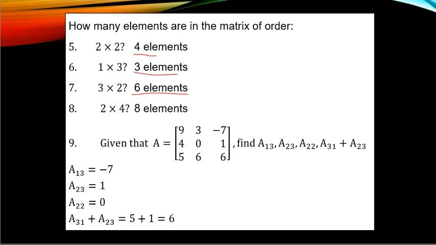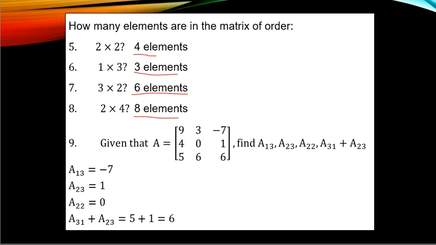Then for a 2 by 4 matrix, you have 8 elements. The simple trick is that if you multiply the number of rows by columns, you have the number of elements. In other words, 2 times 4 is 8.